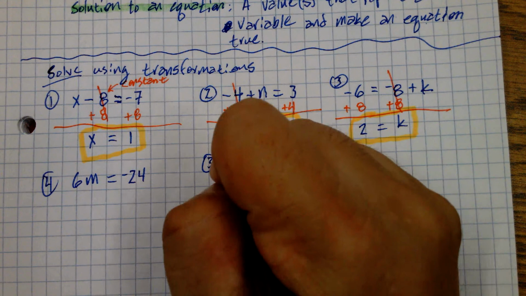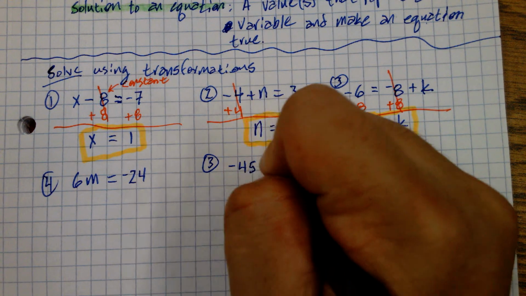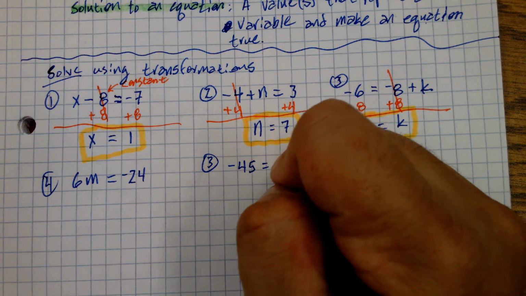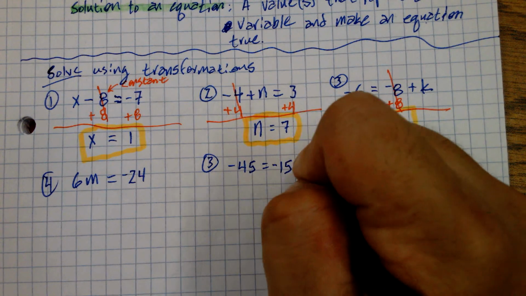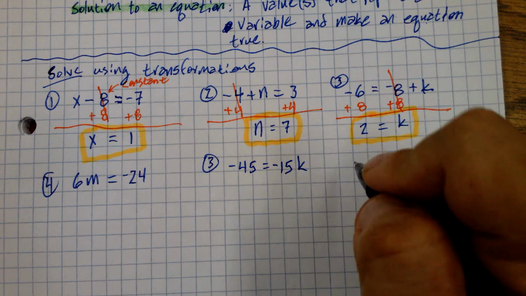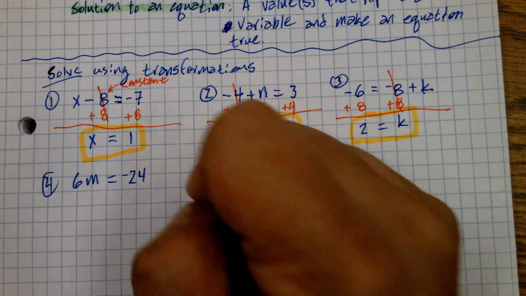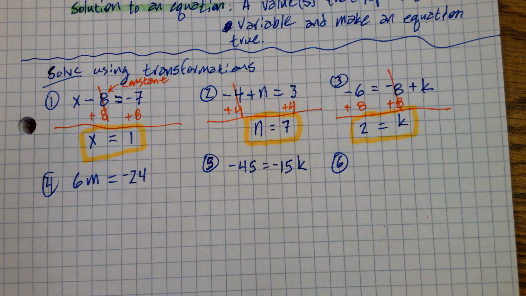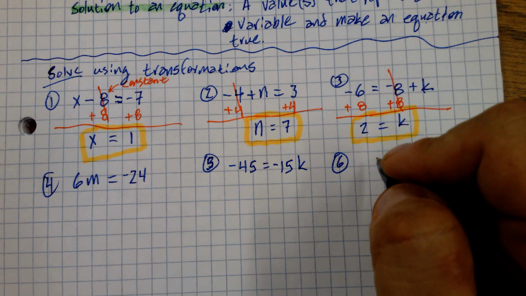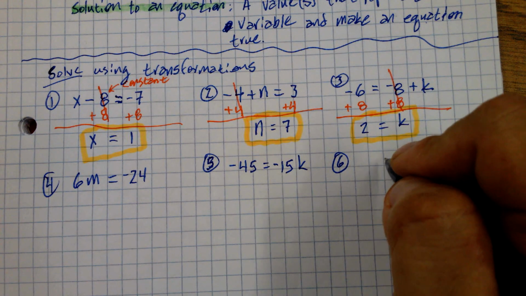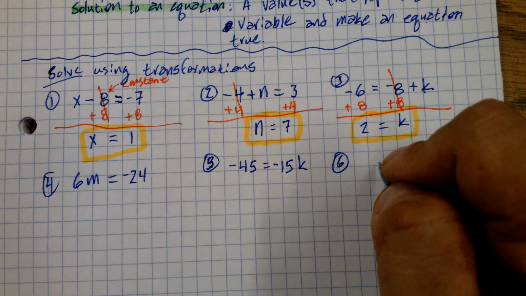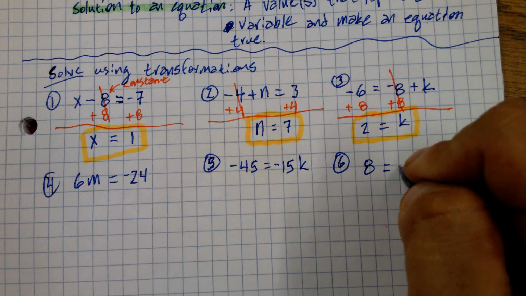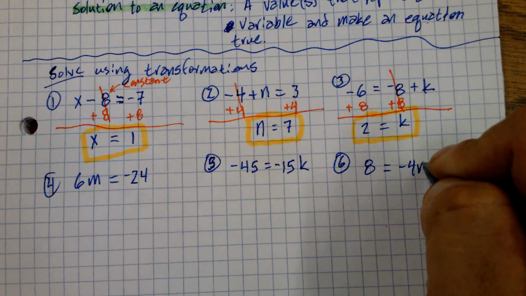Then we have negative 45 equals negative 15k. Oh, sorry, this is 5, not. This is 6. Let's see. This will be 8 equals negative 4m.